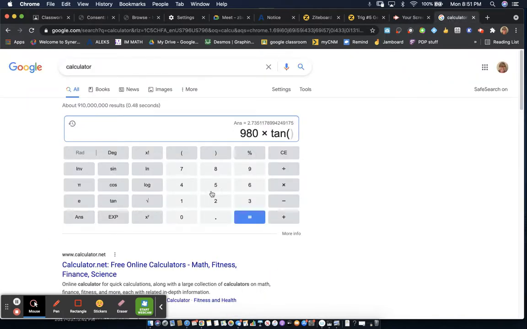Okay, so tangent 51.3, close parentheses, minus 980 times tangent 47.3. It's just easier with this calculator. So there we go. Boom. 161.2. All right, and that's your answer.